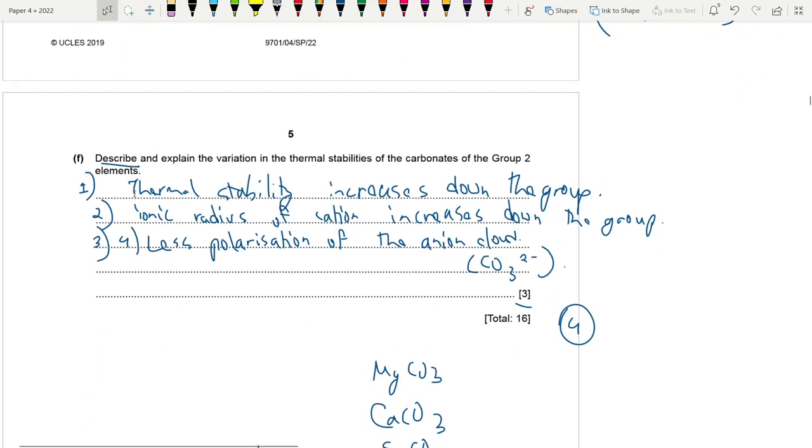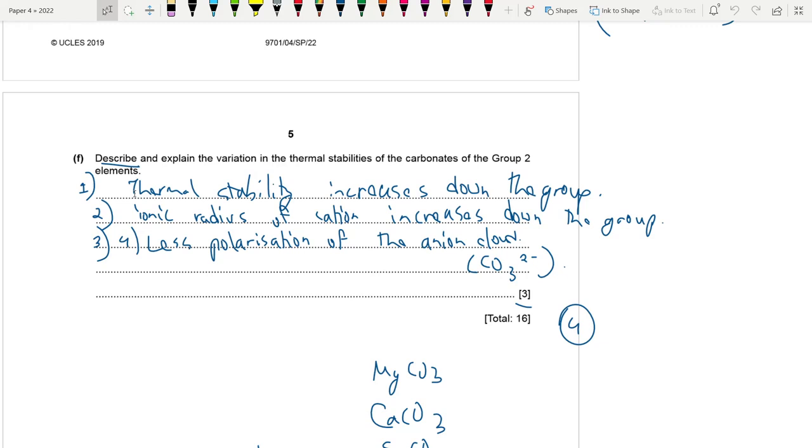Describe and explain the variation in thermal stabilities of the carbonates of group 2 elements. For carbonates and nitrates, it's the same answer. You need to talk about these 4 points. The thermal stability increases down the group, or you could say that more energy is required down the group. Why is this? Because the ionic radius of the cation increases, or you could say that the charge density decreases. Because charge remains constant, but size increases.